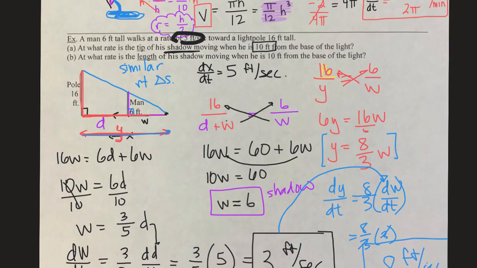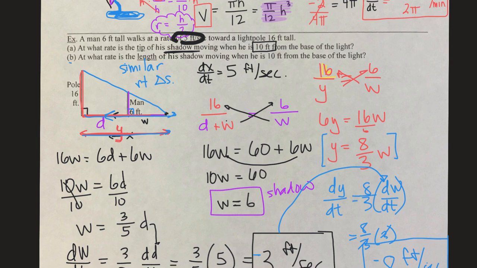Now, thinking about the direction, if we consider the positive direction moving away to the right and the negative moving towards, both of these would be negative because you're moving towards the pole. The left direction is the, quote-unquote, negative direction.